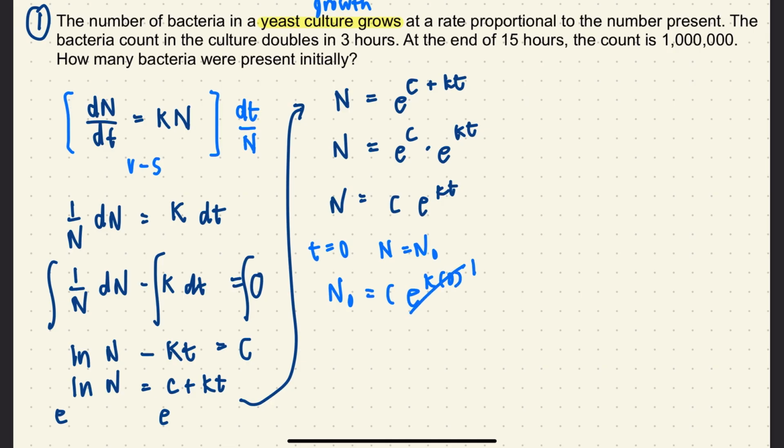This becomes 1, so your c is equal to n sub o. So basically, this is your general solution: n is equal to n sub o e raised to kt.